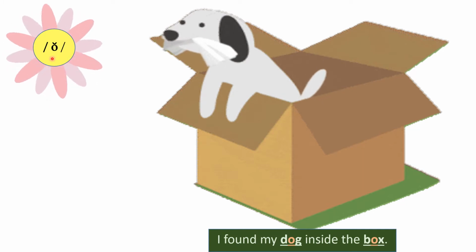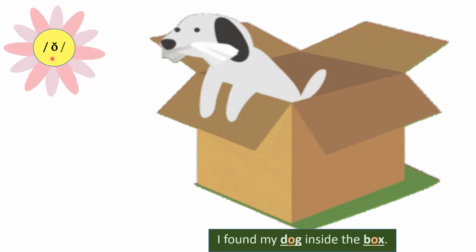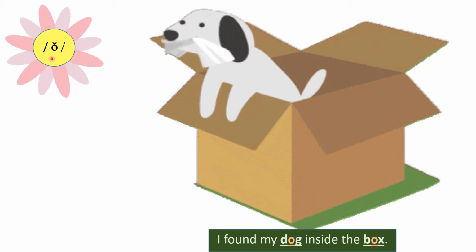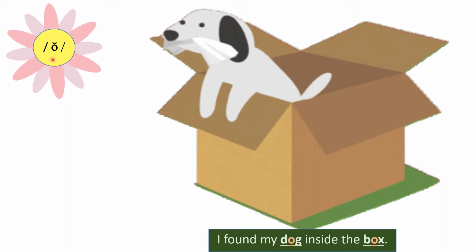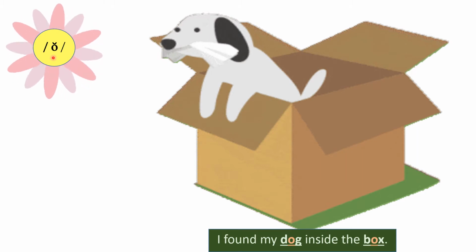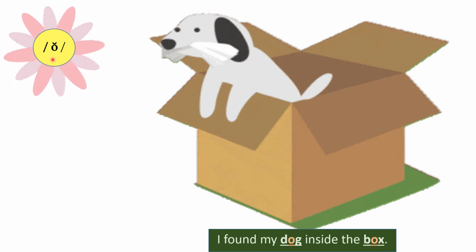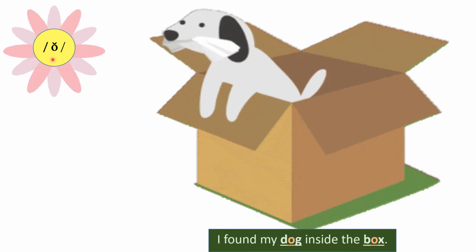Unlike the long vowels, where you make the sound like the sound of the letter itself, here in the short vowel, you're going to sound the letter in its shortest way. So the sound of this symbol is O.